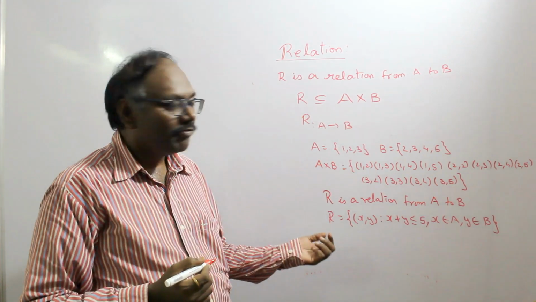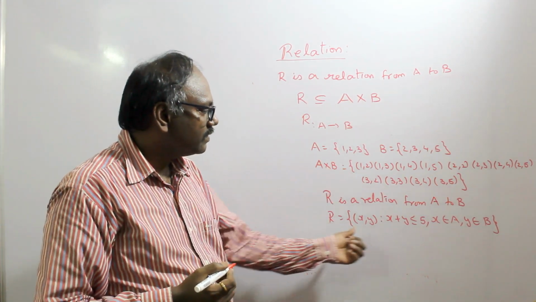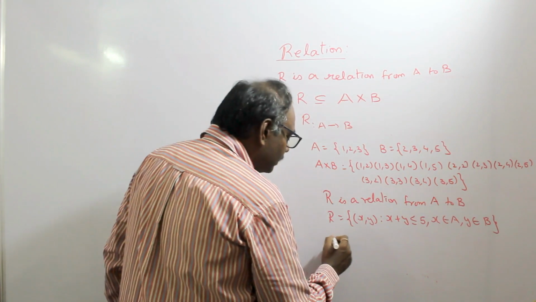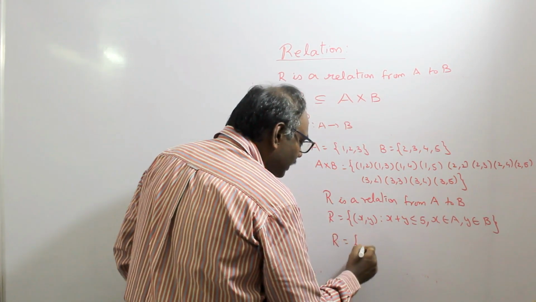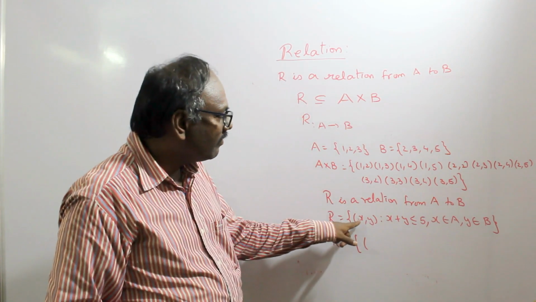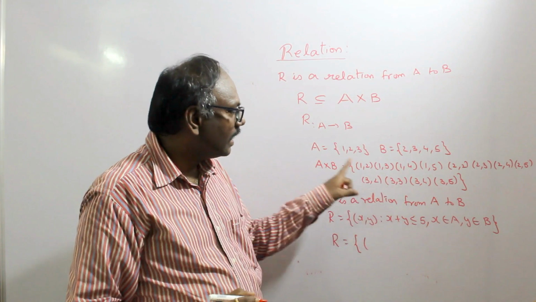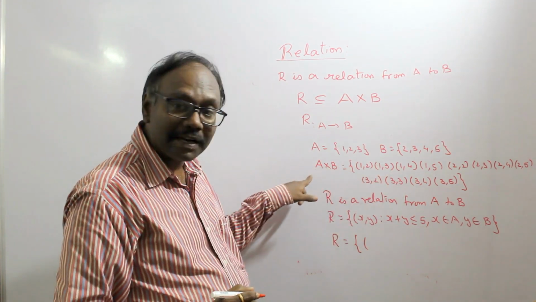Now let us try to find those ordered pairs from the Cartesian product which satisfy this condition. If I plug in x and y, those which satisfy this condition are to be chosen from the ordered pairs of the Cartesian product.